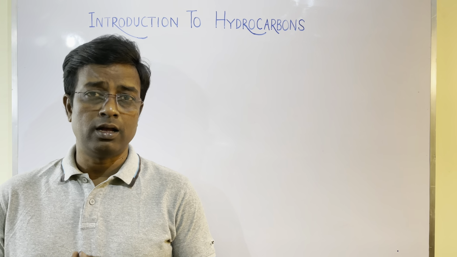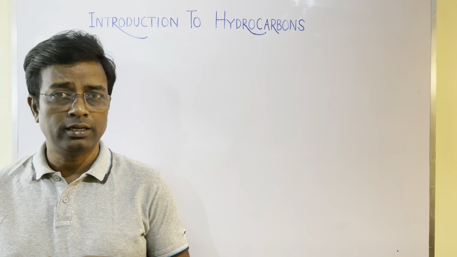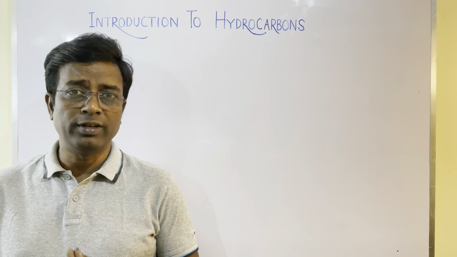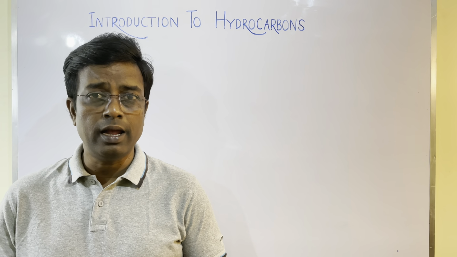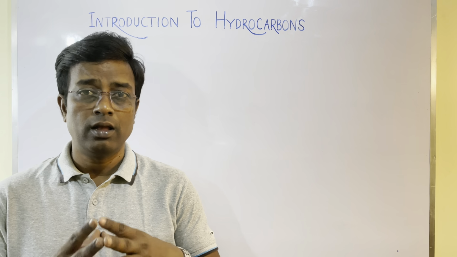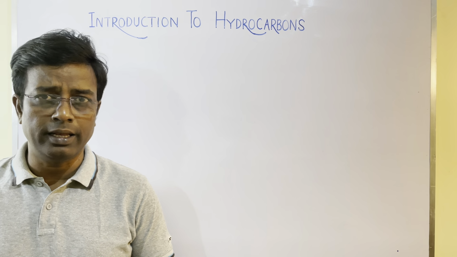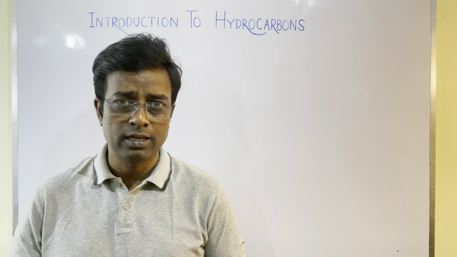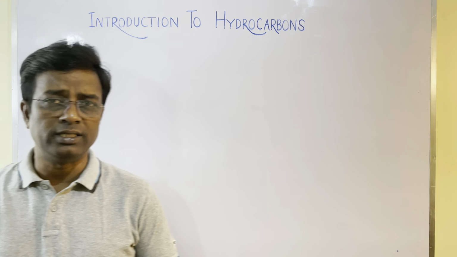They are the main component of fuels like LPG and natural gas, which contains 80% methane, 10% ethane, and the remaining 10% consists of a mixture of higher alkanes. The names I have taken, the alkanes, methanes and ethanes, are all different types of hydrocarbons.